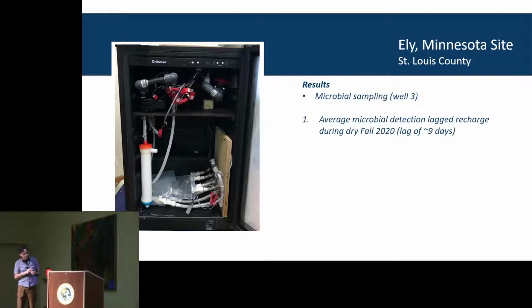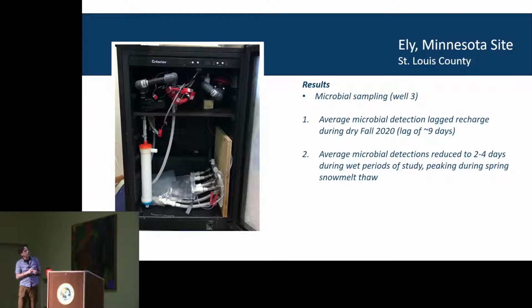It took about 9 days to get elevated microbial detections after a recharge event during that dry period. But then later in that next spring, precip increased, and you had that wetting front, and the microbial detections decreased to 2 to 4 days, which was very consistent with what we found with both conductivity and the stable isotopes.